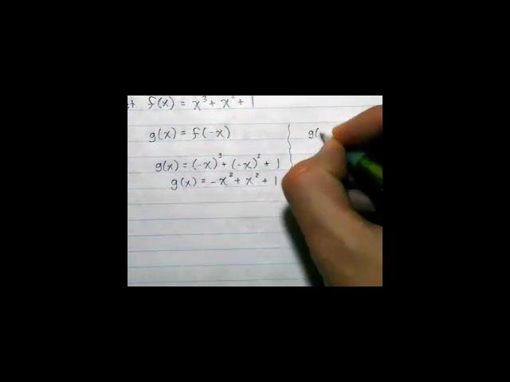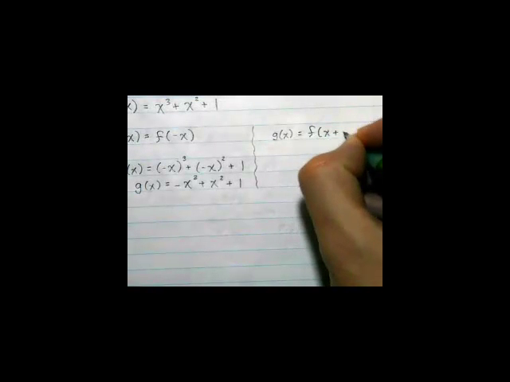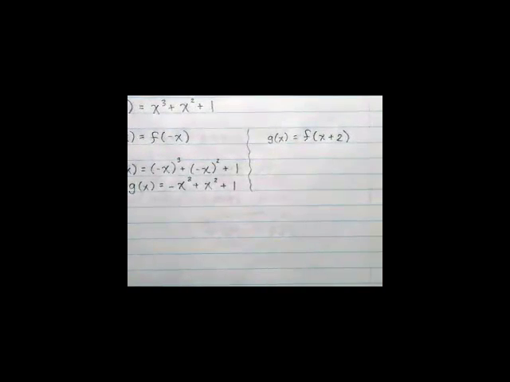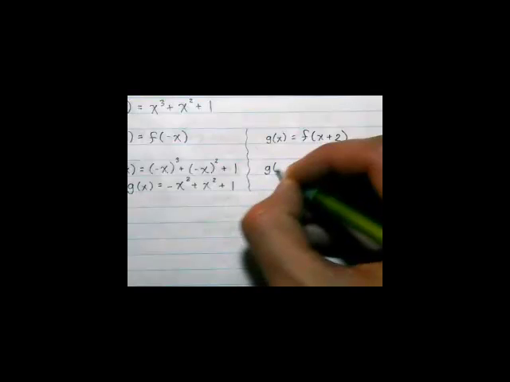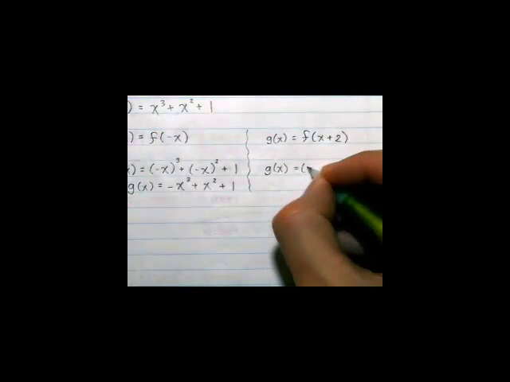Okay, well, what if g of x was like f of x plus 2? Well, what am I doing this time? What's the transformation? Horizontal what? Translation to the left 2. Right. And so you could do the same idea, just following the formula here. So I'm going to take f of x, and every x is now going to be an x plus 2.